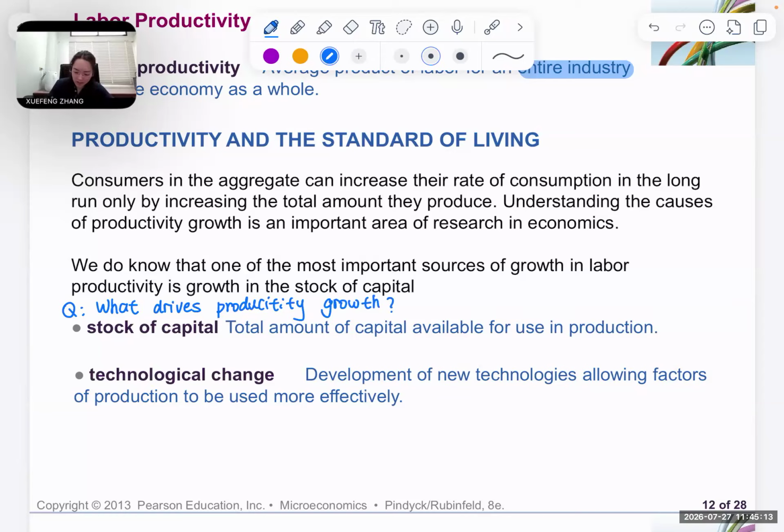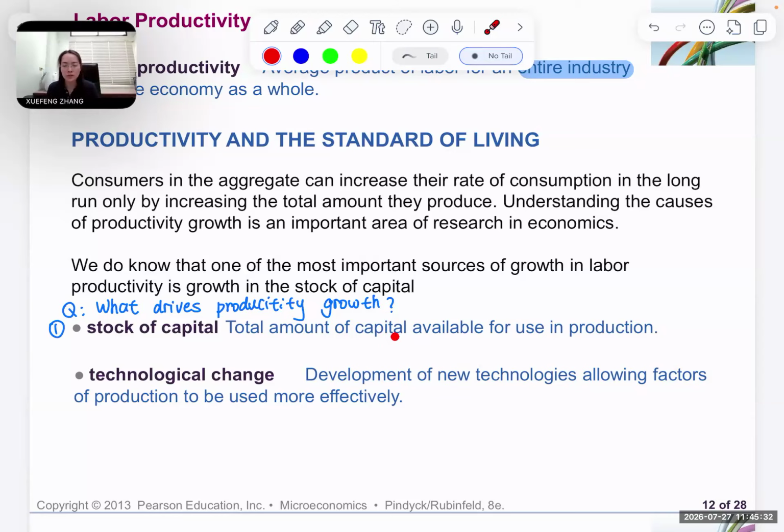Okay, so actually the first one is the stock of capital. Total amount of capital available for use in production, which means more or better machines, buildings, tools available to workers, more capital per worker.